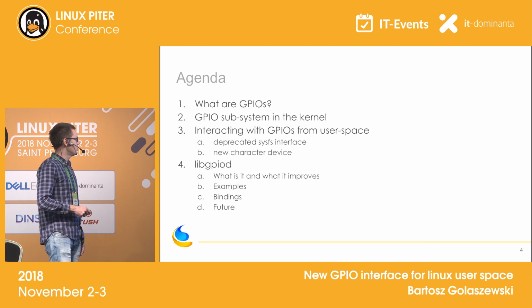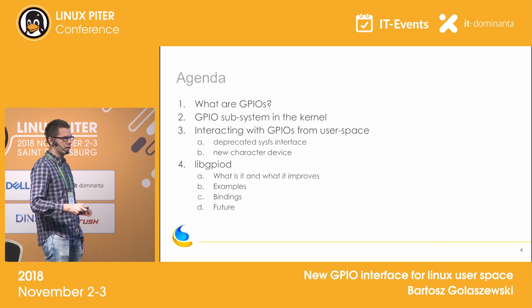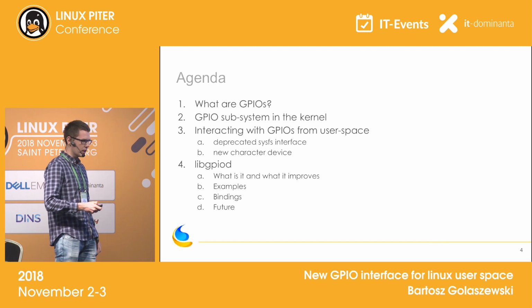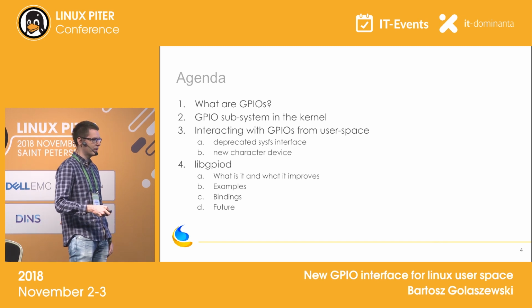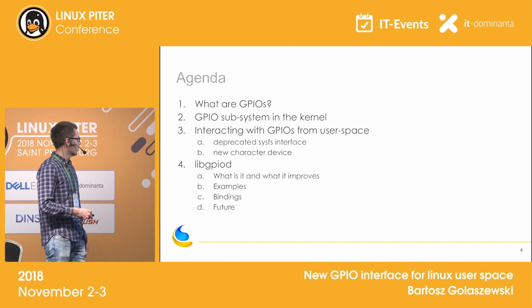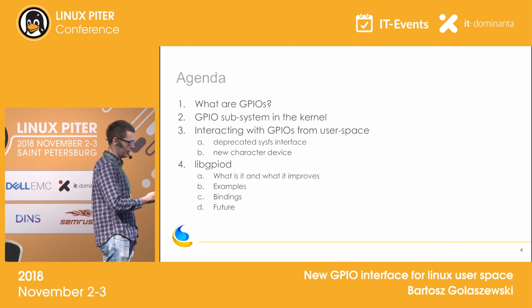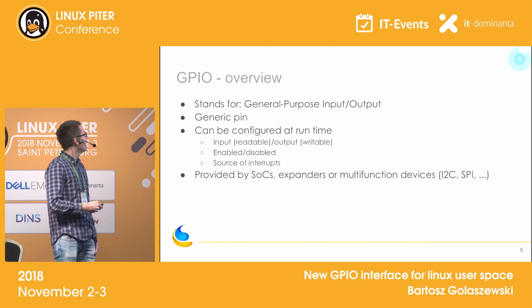Later we're going to talk about libgpiod. This is the project that is the Userspace part of the new character device that makes it easier to use. We're going to go through what it is, examples of usage, language bindings, and the future plans.